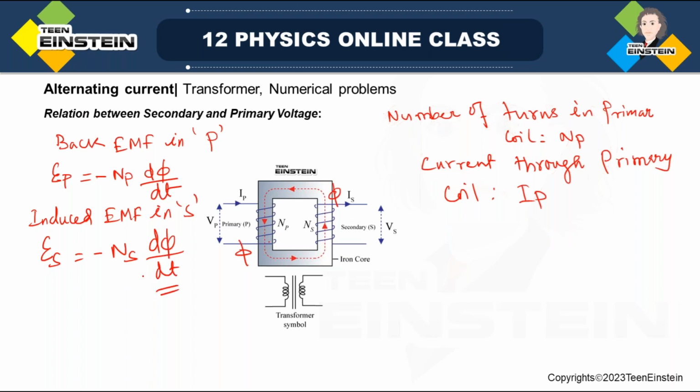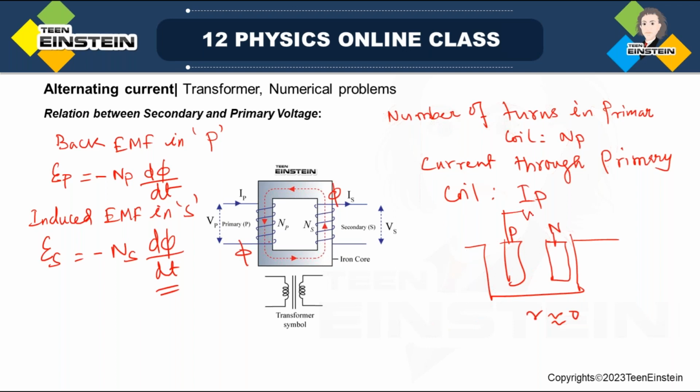Now, one thing is that when there is very little or negligible internal resistance in the cell, we have already discussed this. Suppose there is a cell with a positive terminal and a negative terminal, and there is negligible internal resistance.